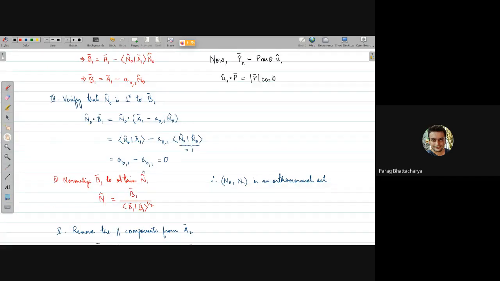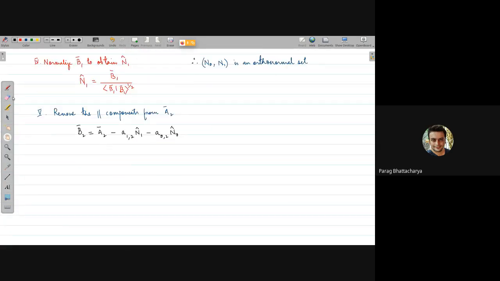So that gives us b2, and once we get this b2, from here, very simple, normalize b2 to obtain N2. That is N2, just like before.